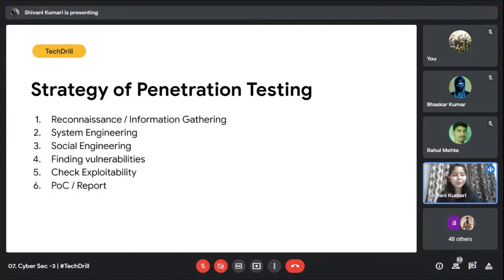Okay. The fourth step is finding vulnerabilities and attempting to break in. Here we will be focusing on SAST, which is static application security testing, and DAST, which is dynamic application security testing scans. There are a few tools available to scan applications, like Burp Suite, Nessus, and Netsparker.